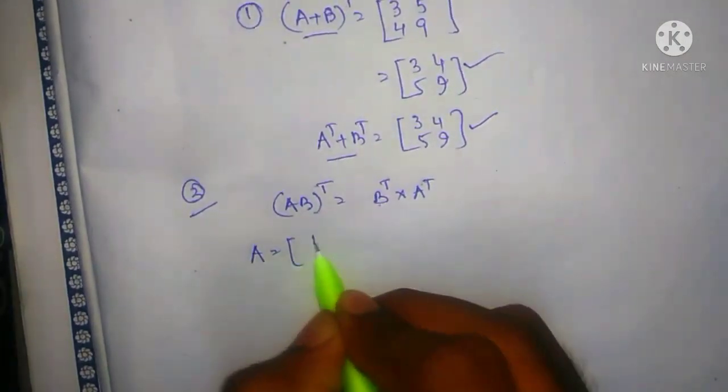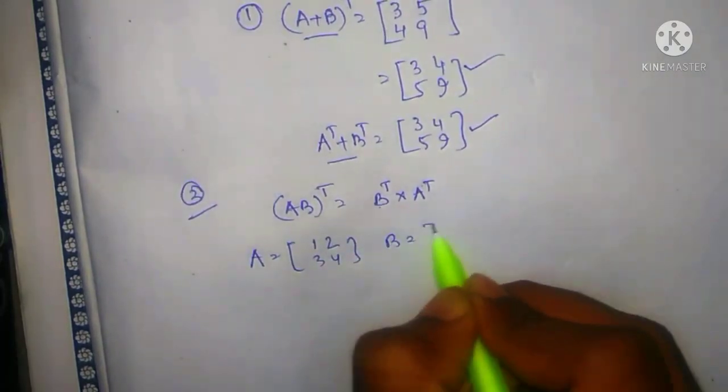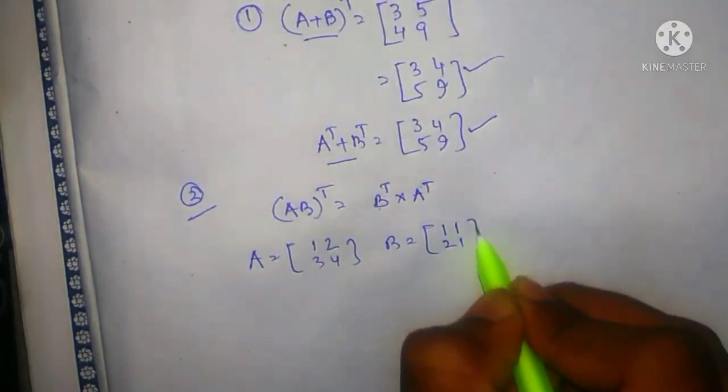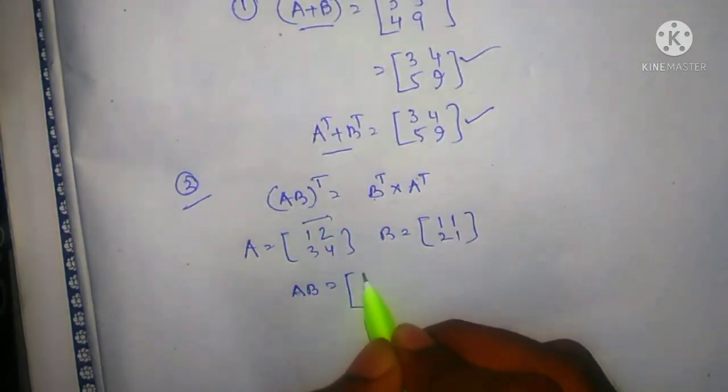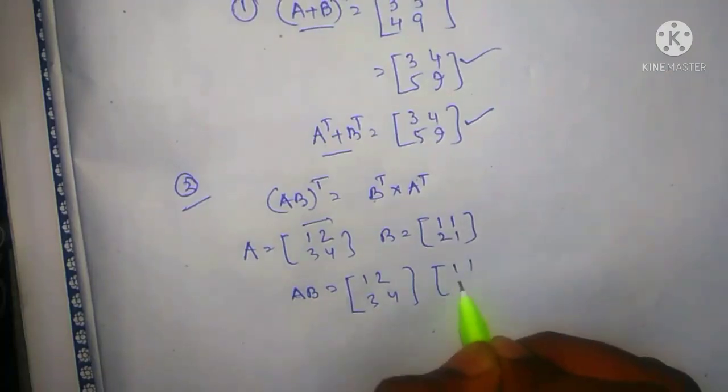Let A equal 1 2 3 4, B equal 1 1 2 1, and then A B equals 1 2 3 4 times 1 1 2 1.